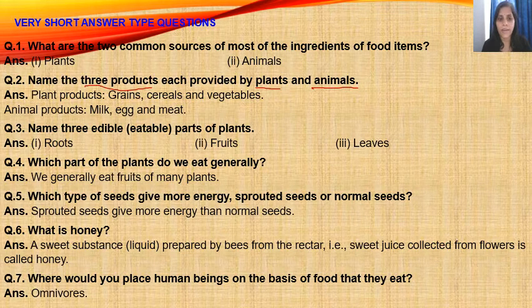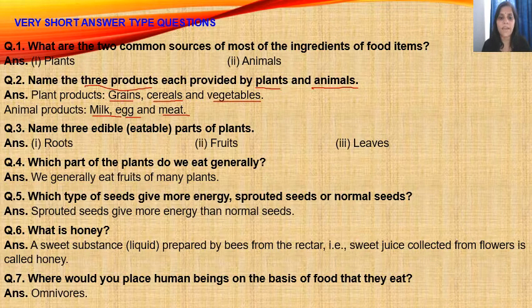But here I have written grains, cereals, and vegetables. Animal products like milk, egg, meat. Clear?